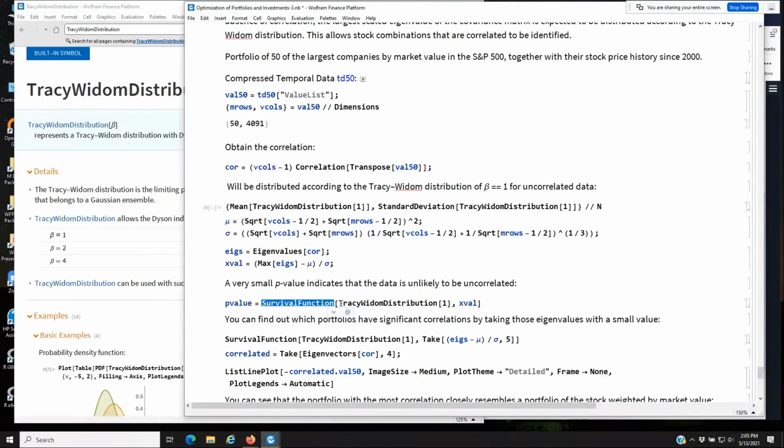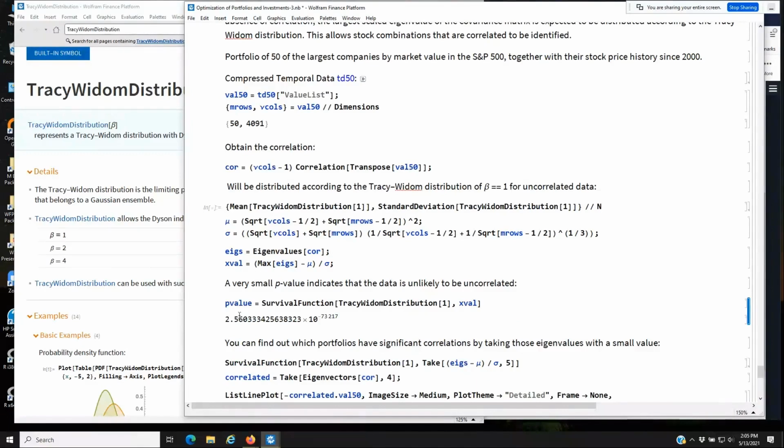Using the Tracy-Widom distribution with parameter value 1, what is the survival function? In other words, what is the probability? We're putting in a hypothesis test here on the extent to which it will survive. A small p-value indicates the data is unlikely to be uncorrelated. In other words, a small p-value means it's going to be highly correlated. Then you say, hold on, but weren't we really concerned about lack of correlation?